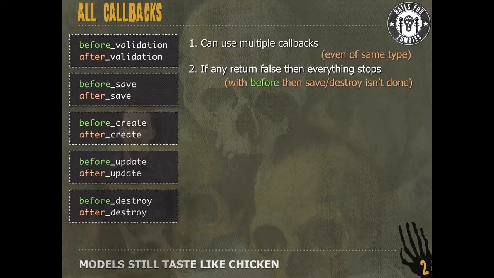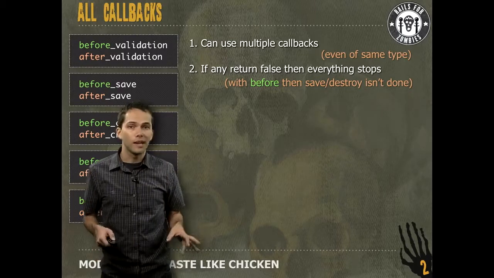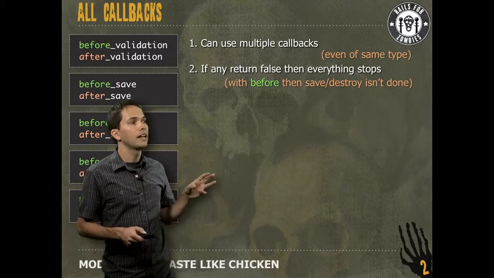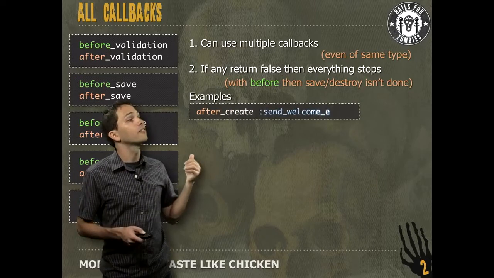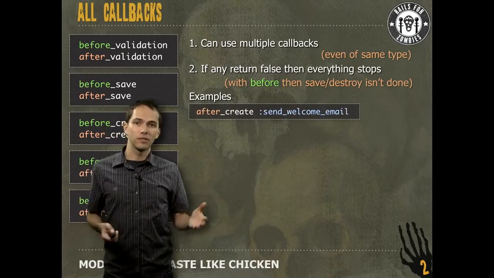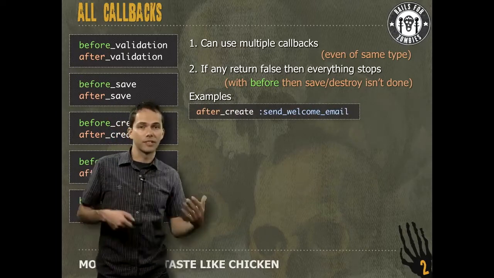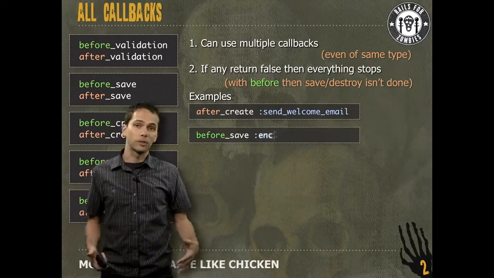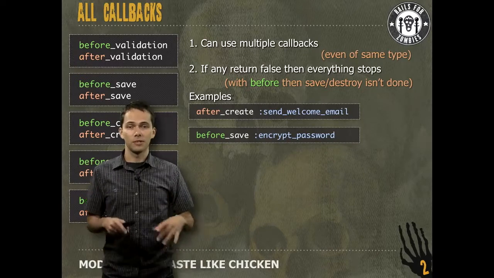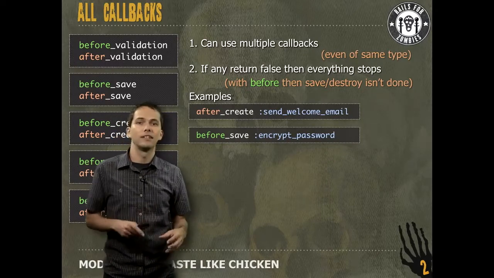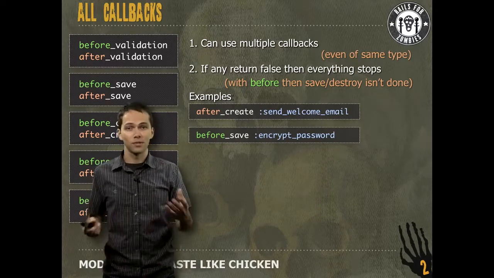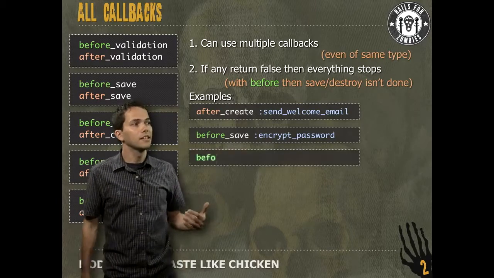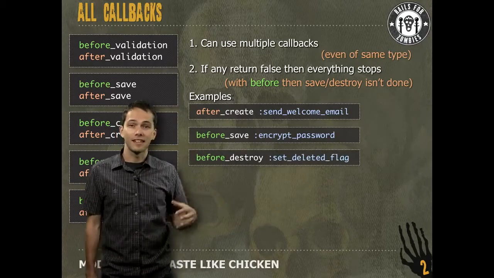To give you a couple examples of callbacks in real Rails apps, you might have in your user model an after create send welcome email. So every time you create a user, after it's saved, send a welcome email. You might also have before save encrypt password so that when someone types in a new password when they create an account, they can save the password, create a salt maybe. And lastly, you might also have before destroy set a deleted flag.